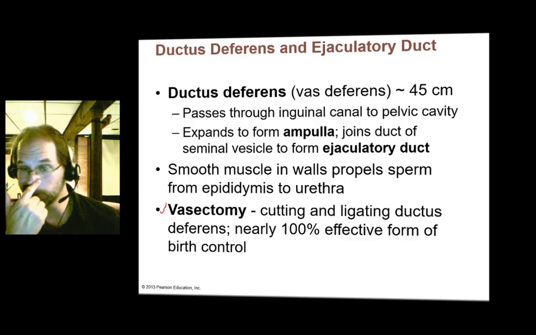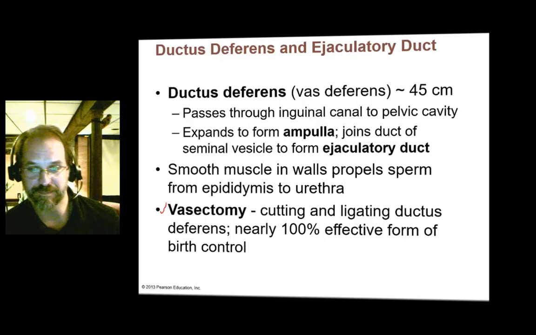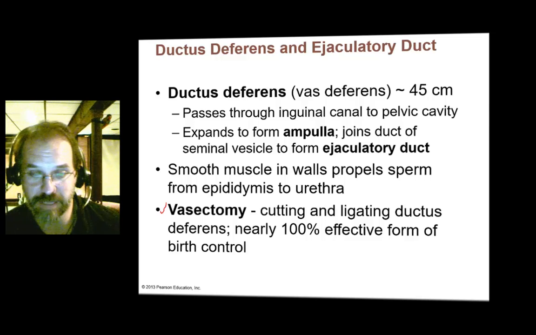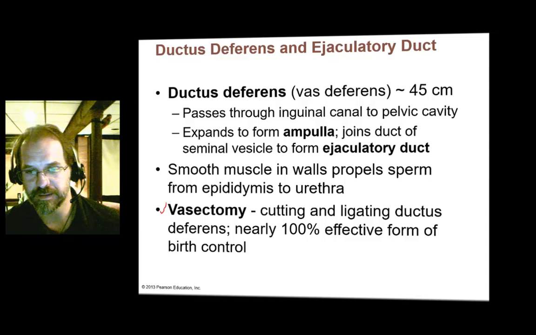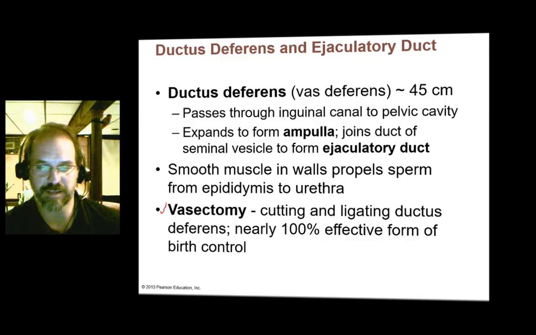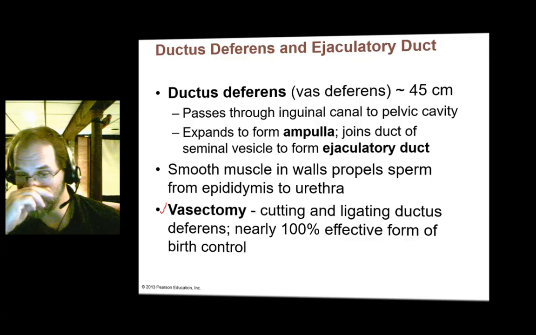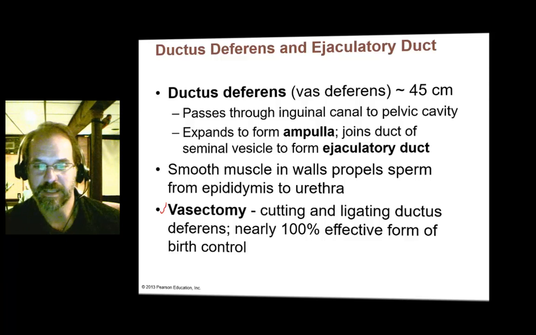Some people are just good healers, and so even though they brutally cauterize and ligate the vas deferens, some people actually manage to heal, and that regrows, and then they conduct sperm up to the ejaculatory duct, and when they have a sex act with their partner, frequently a pregnancy will result, and people are surprised by that.